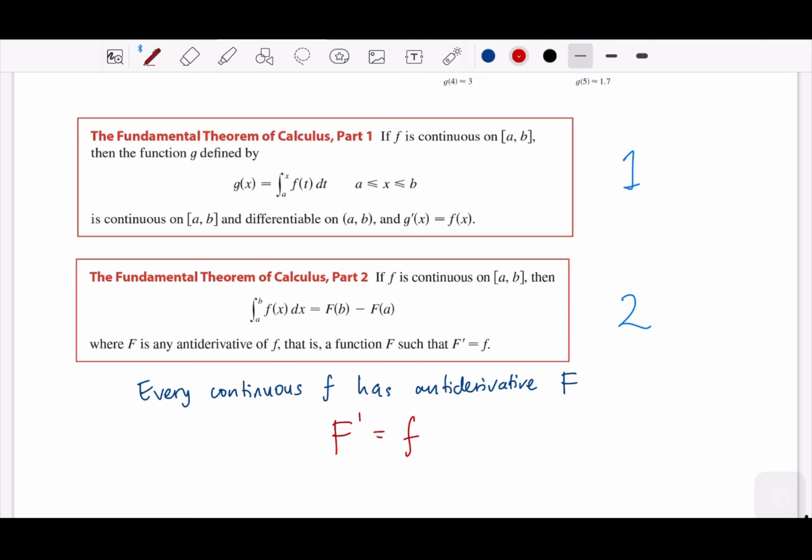We could say the second part of the theorem is also what we call the net change theorem.